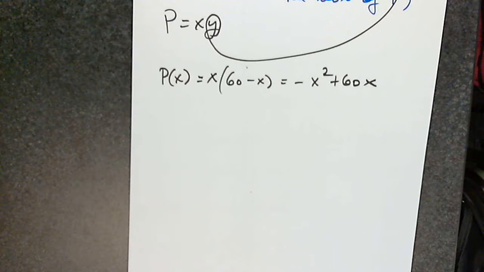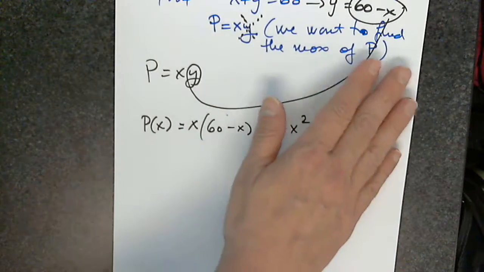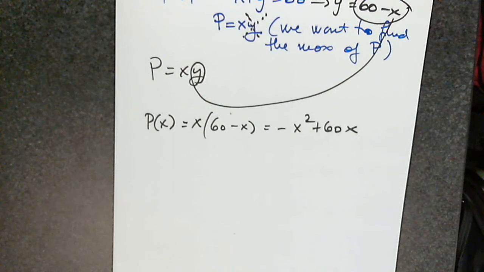And I know it has a what? Does it have a max? Does it have a min? We're asked to find the maximum of this function, so I want to make sure that I'm on the right track. Does it have a max or a min?